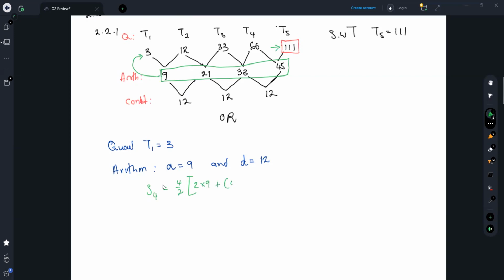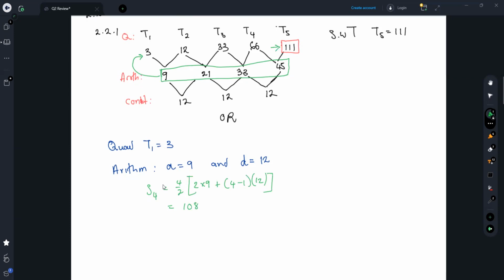Add. How many terms are we adding up? 4 minus 1 multiplied by. What is the difference there? You got 12, close like that. Punch this into your calculator. You quickly get 108. Okay, so this means that when I add up 9, 21, up to 45 here, I'm going to get 108.